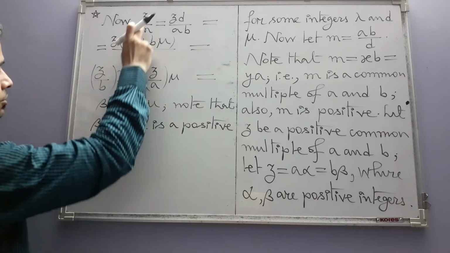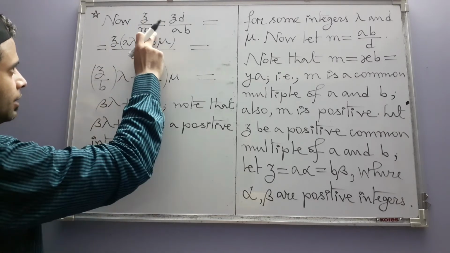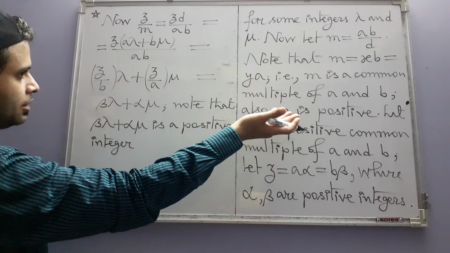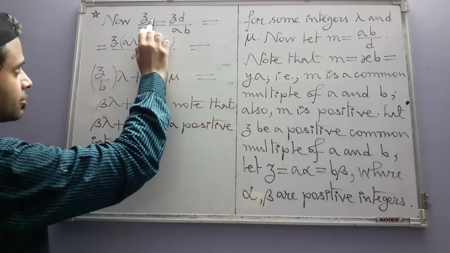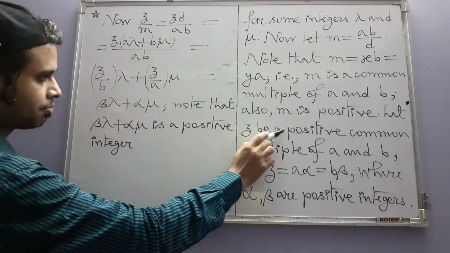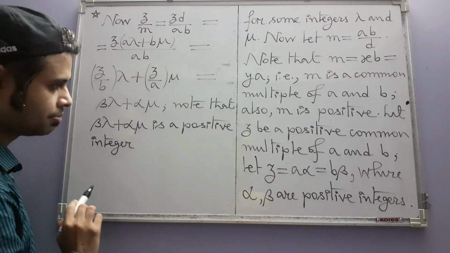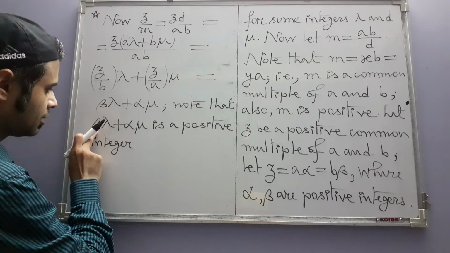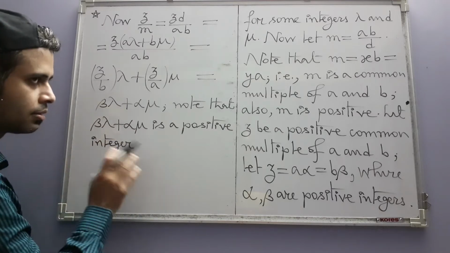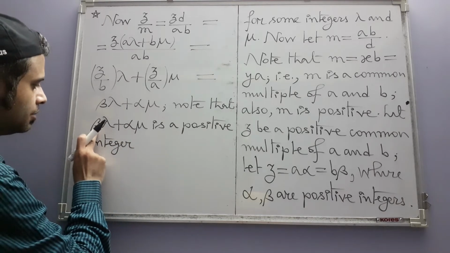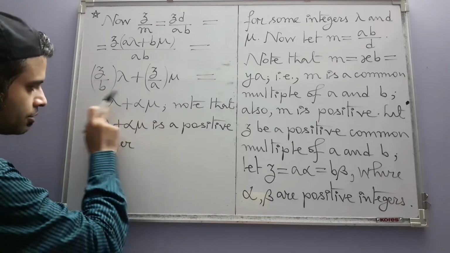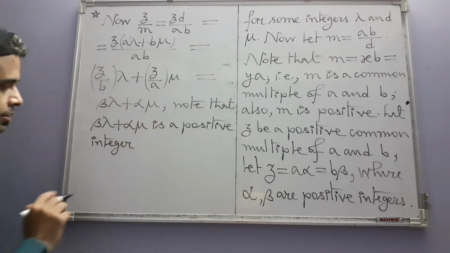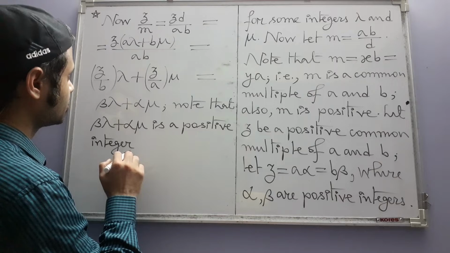Because this is equal to Z divided by M. M is positive, we have already seen that, and Z we have taken it to be a positive common multiple of A and B. So that's why this has to be positive, and because you can see that here all the quantities are integers, beta, lambda, alpha, mu, so this combination is also an integer. This is a positive integer.